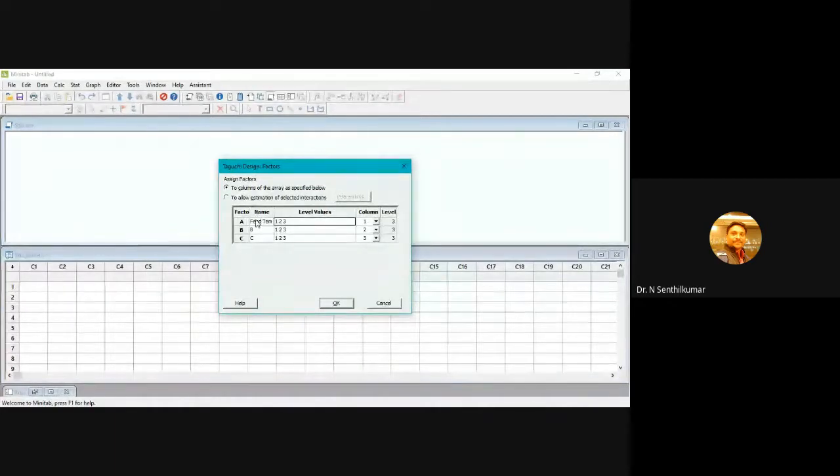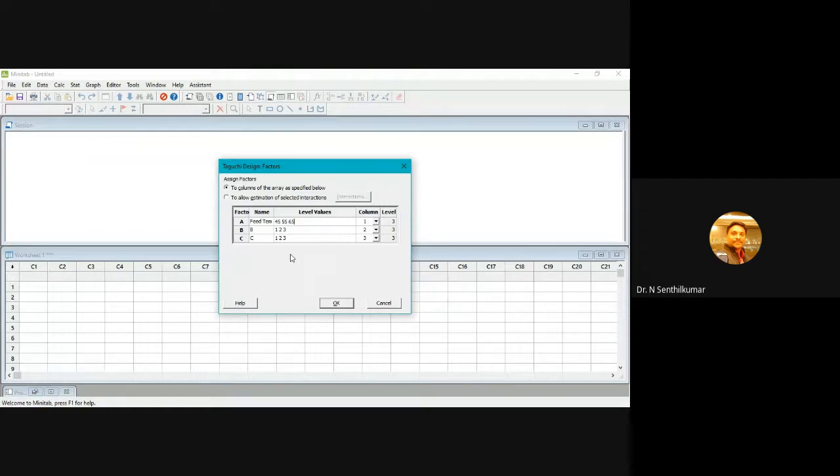Previously in Design Expert there were 3 tabs. So how to enter the values here? 45, then I have to leave a space, 55, a space, 65. If you provide it as continuous, then it will take it as a single level value.